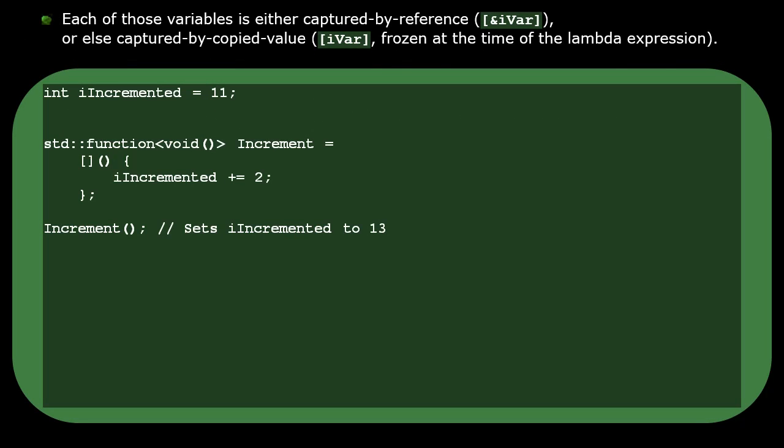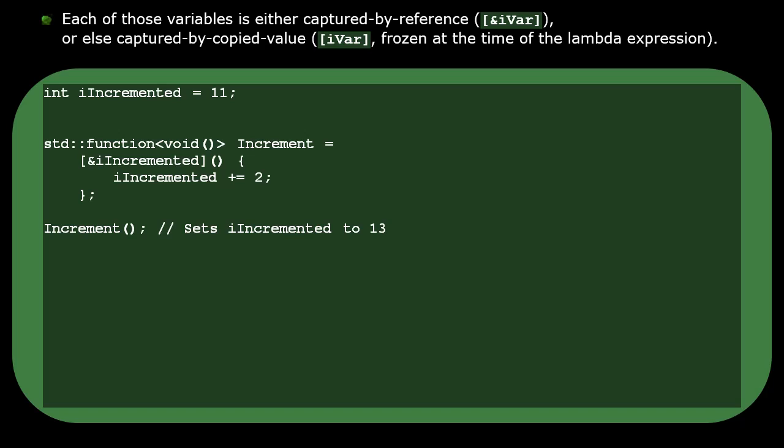Because this example lambda's body uses the local variable I incremented, this lambda needs to capture that variable. Because we're preceding its capture declaration by an ampersand symbol, the I incremented variable will be captured by reference.